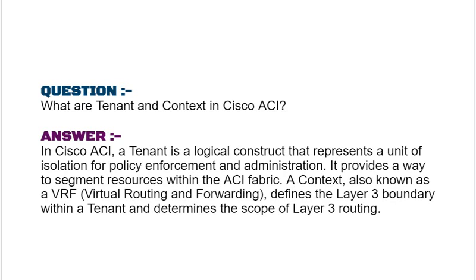It provides a way to segment resources within the ACI fabric. A context, also known as a VRF, that is virtual routing and forwarding, defines the layer 3 boundary within a tenant and determines the scope of layer 3 routing.